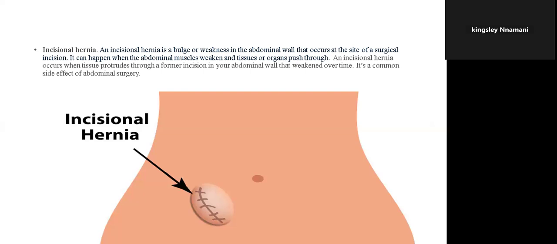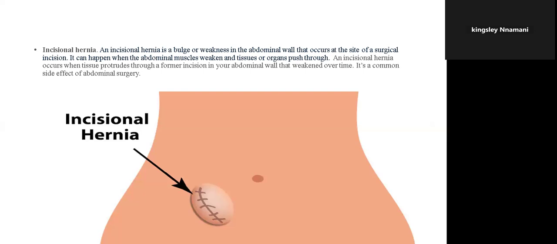It's a bulge that appears in the region of an incision. Why? Because an incision has been done, so that particular section that has been sutured by the medical doctors is weakened. Because it is weakened for several reasons, you now find the inner content of the abdomen pushing through the weakened muscle, thereby producing a bulge.